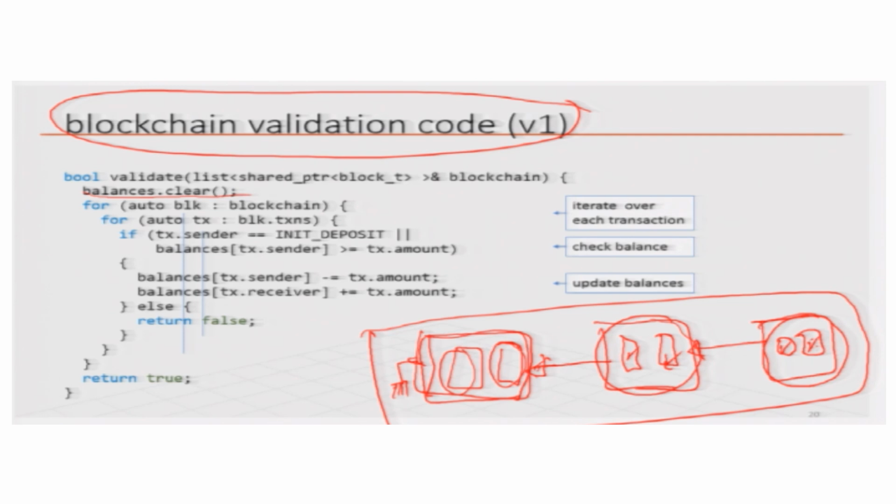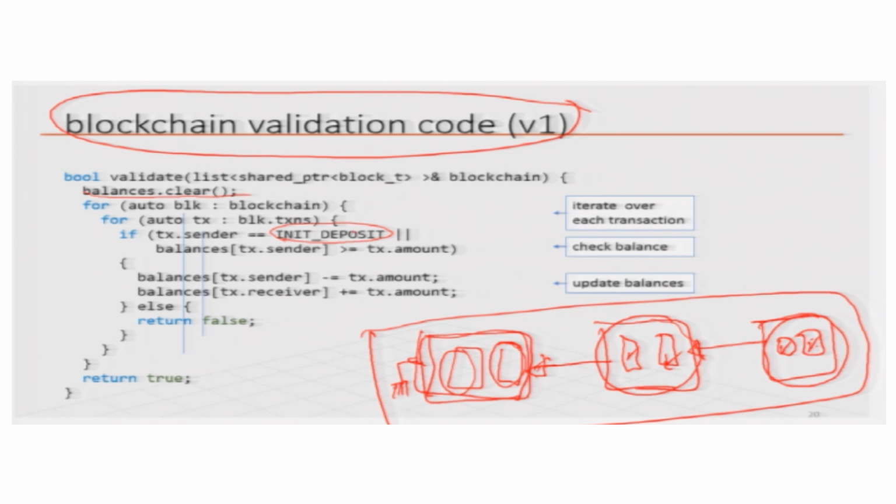I have to go through all transactions and add any amounts that he received, and subtract the ones that he has transferred to somebody else. So, therefore, it is a kind of caching technique. We keep a balances table on the side. First we create a balances table, and then we go through the transactions and check whether there is a real sender or it is an initial deposit.